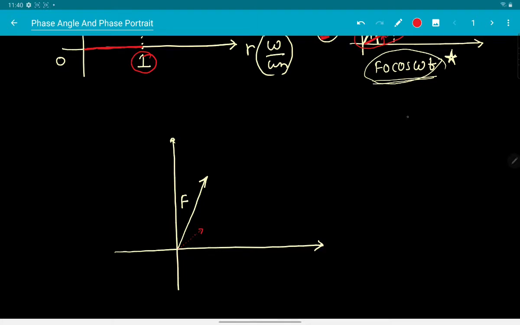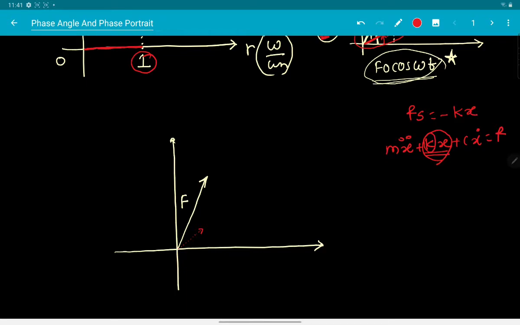Now you know that fs, which is the spring force, is equal to minus kx. And we are writing the equation in this form: m x double dot plus kx plus c x dot is equal to f. So let me first draw this kx part. This kx, which is minus of fs, is in the direction of x, and it has this scalar multiplier k.